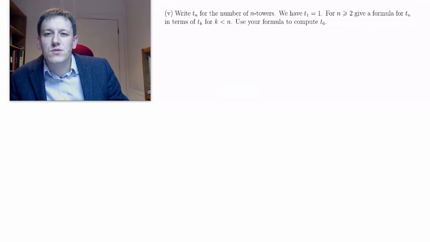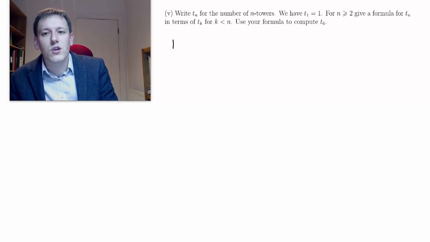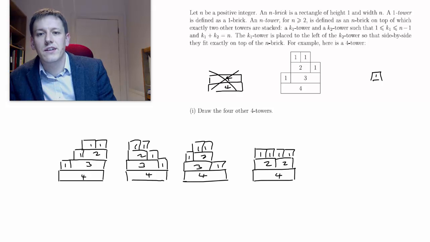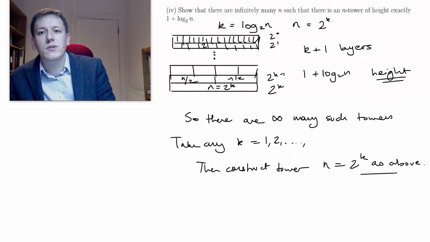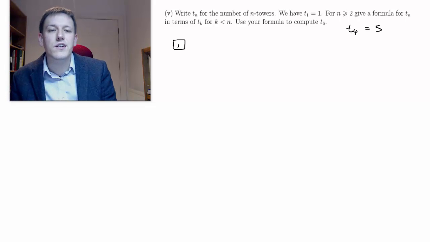Part 5 says write Tn for the number of n towers there are. We know that there's only one 1 tower, just the single block. And in fact, if we think back to question 1, there are 4 towers, so perhaps I also know that T4 is going to be equal to 5.